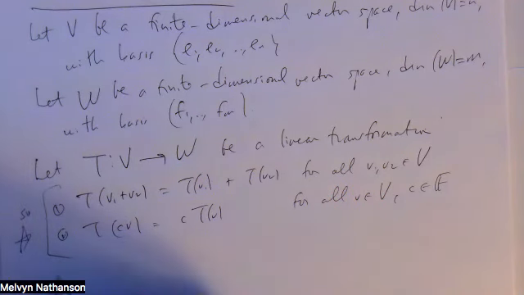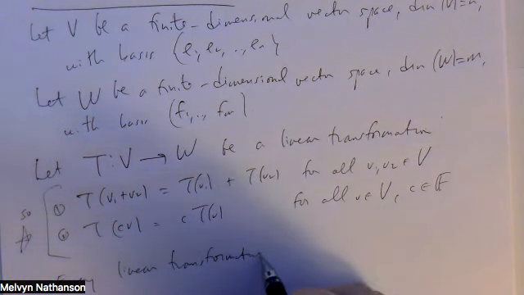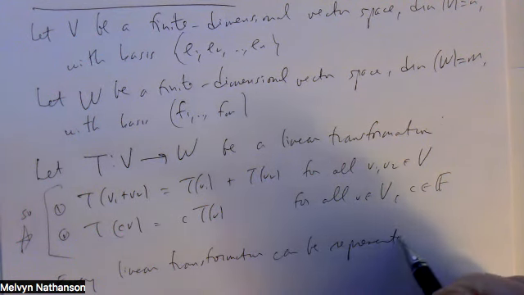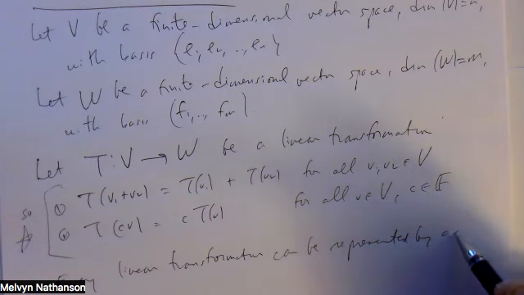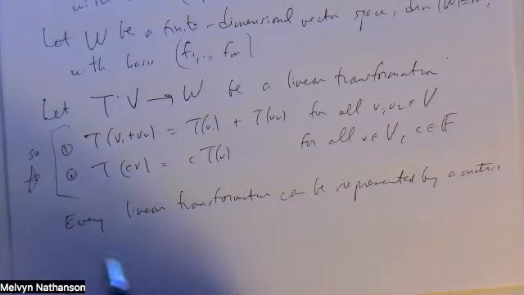And every linear transformation between finite dimensional vector spaces can be represented by a matrix. And the way we do this is as follows.